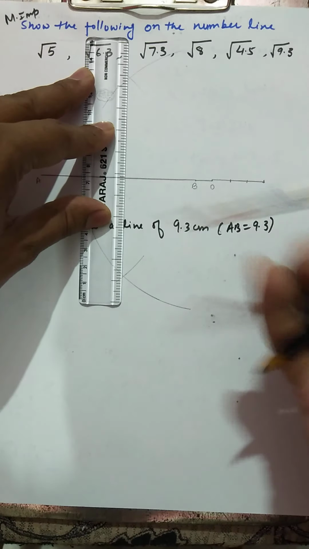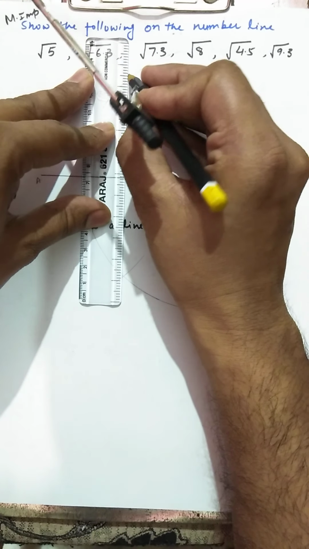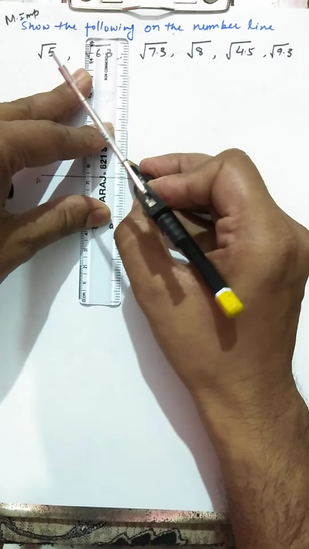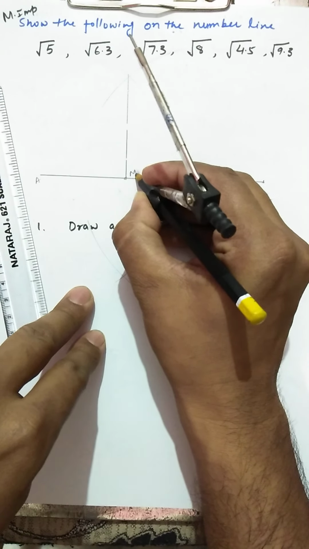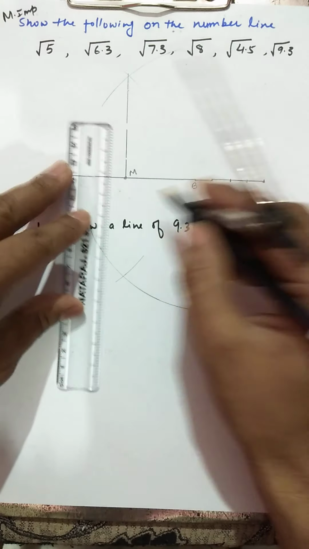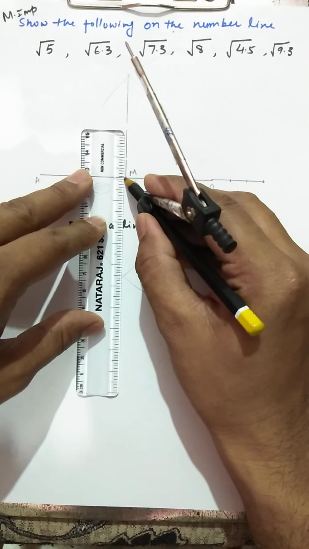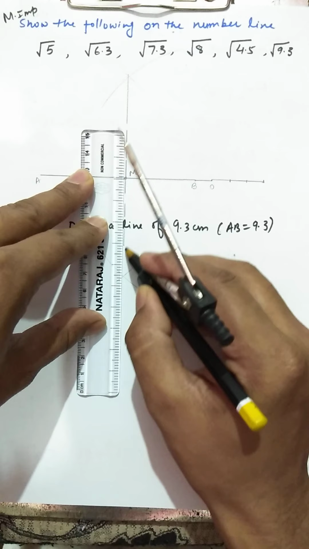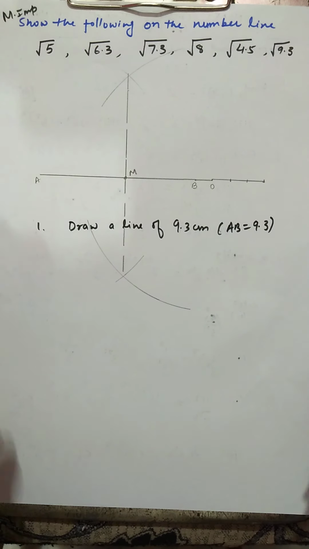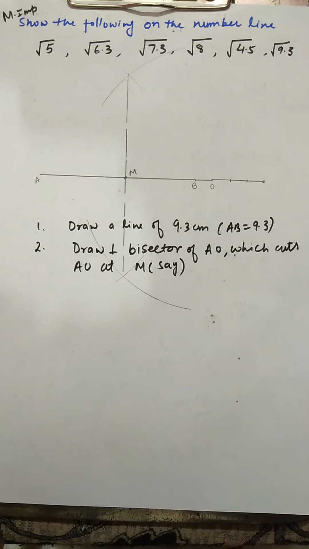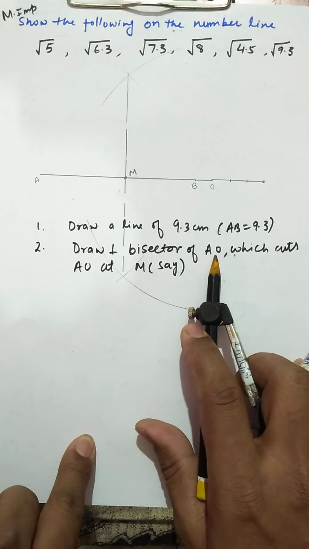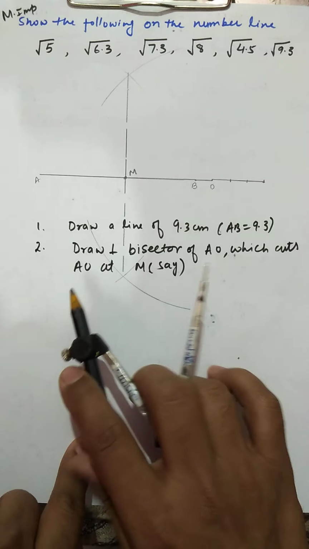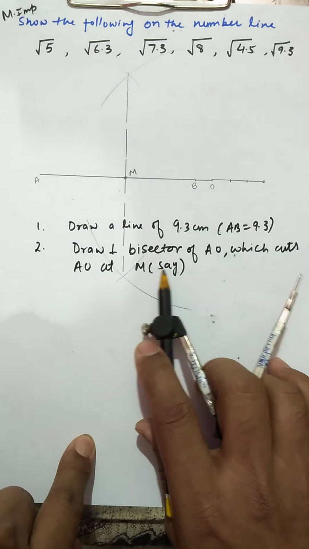these intersections of arcs. So now we are getting this point as the midpoint of AO. After getting this, I have written that step number 2, draw perpendicular bisector of AO which cuts AO at M, say.